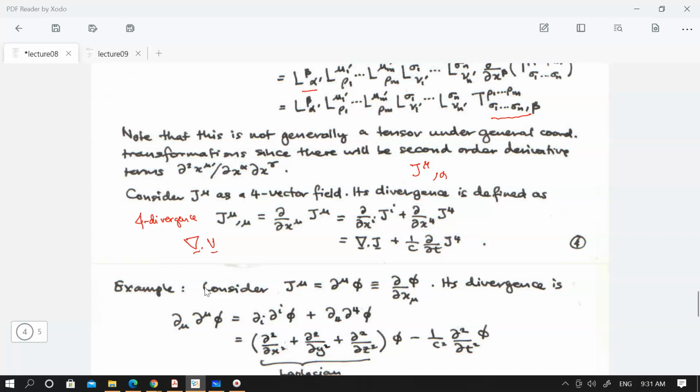Now in the four-dimensional case, it's given by this form, and if you look at what that is, you just take all possible components and sum them. So you have your spatial part, which is d dx i, j i, with i running 1 to 3, and then the other part is d dx4, j4.